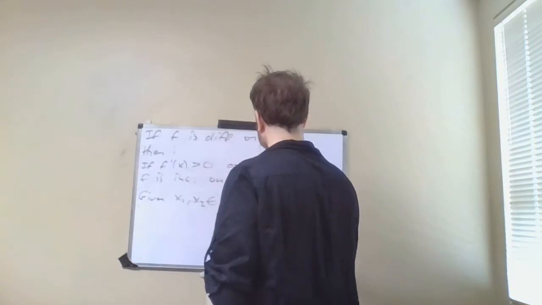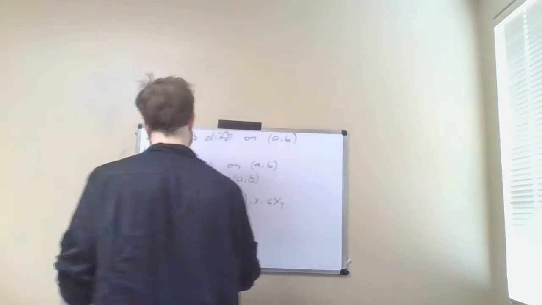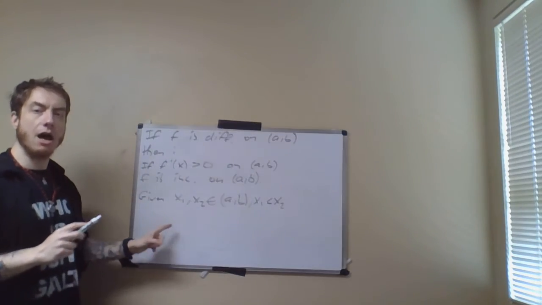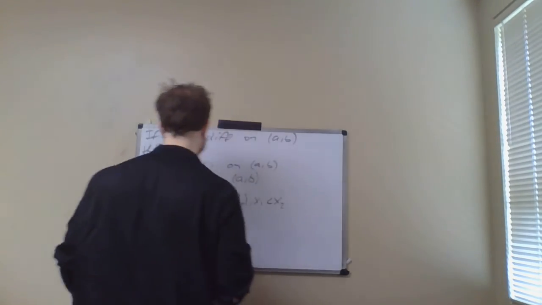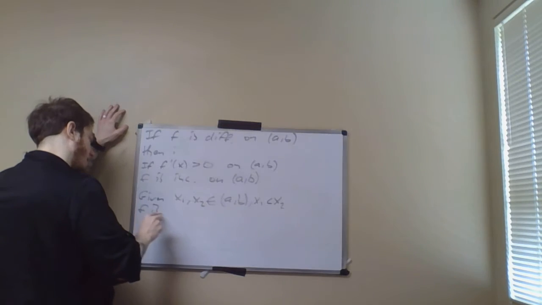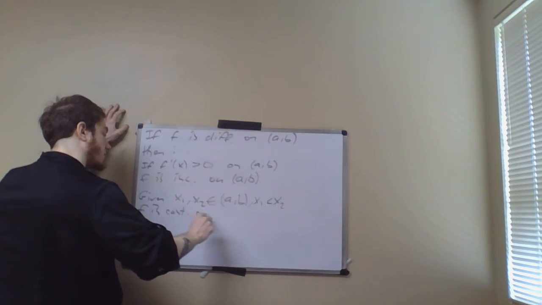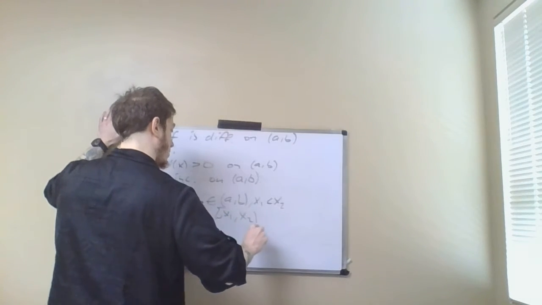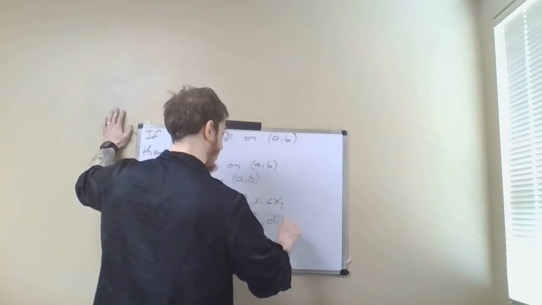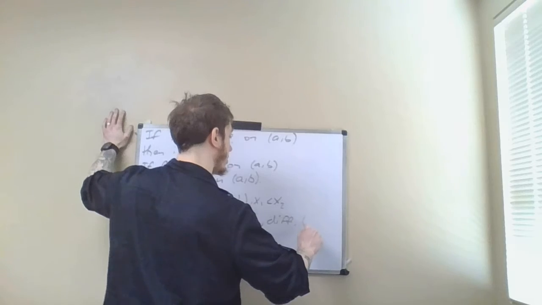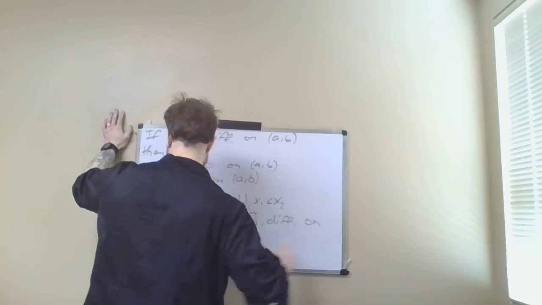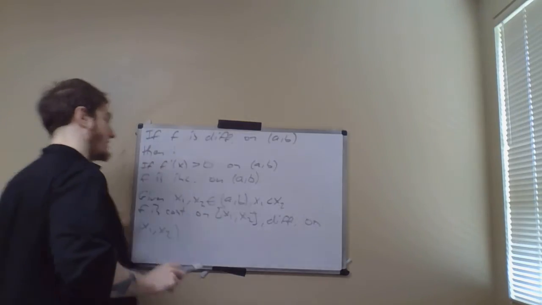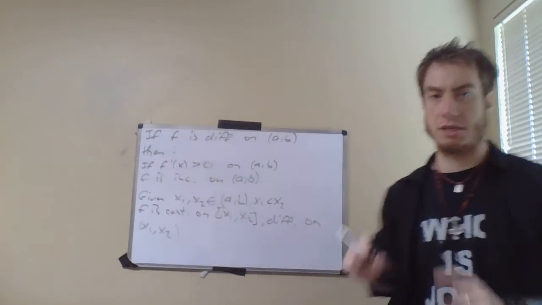With x1 less than x2, we know that f is continuous and differentiable on this entire interval. So f is continuous on the closed interval from x1 up to x2, and it is differentiable on the open interval x1 to x2. Sorry, it takes me a minute to write down all of these technical conditions here.